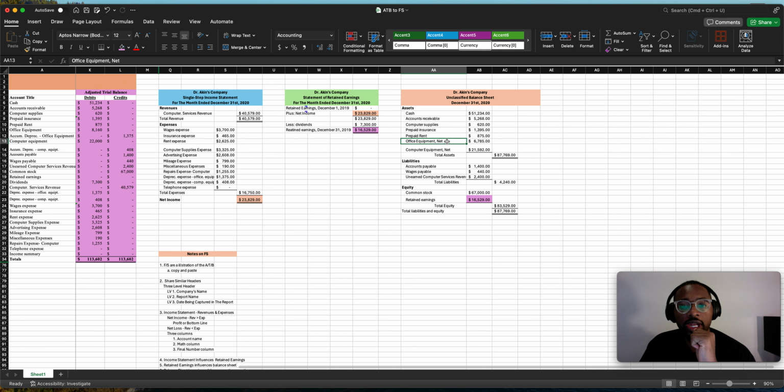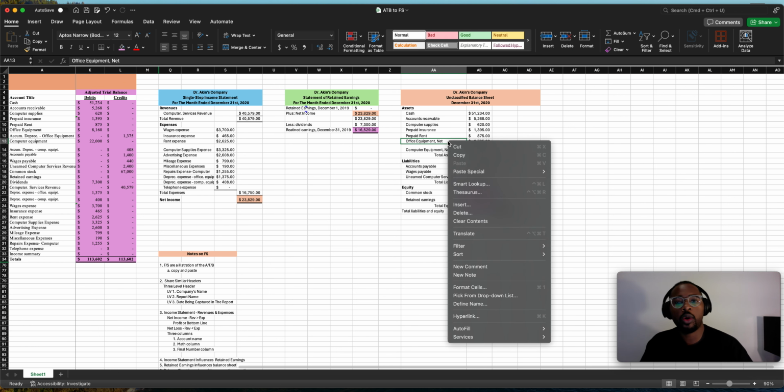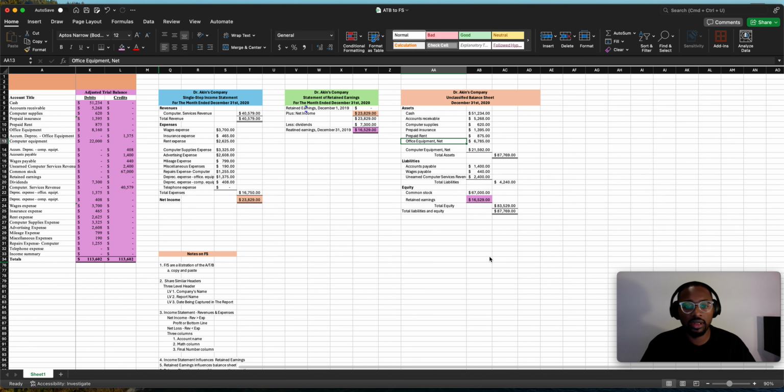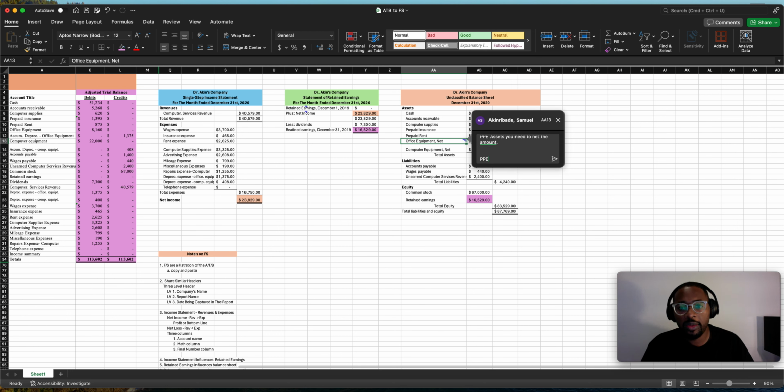Now, what I want to point out is these two. You want to put this in your notes. Whenever you're dealing with PPE assets, you need to net the amount. So what are you talking about here, Professor Akin? What is a PPE? PPE stands for property, plant, and equipment.